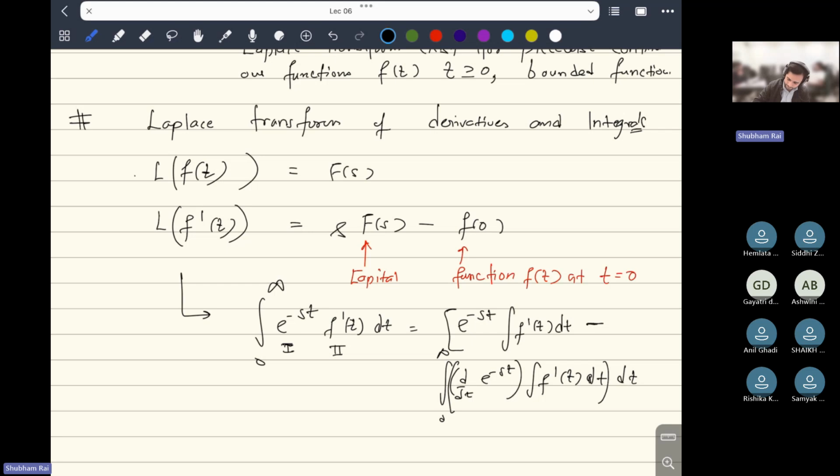And here, for the limits, do not put 0 to infinity here. It is wrong. This should not be done. This is wrong because the limit goes over the whole first term.